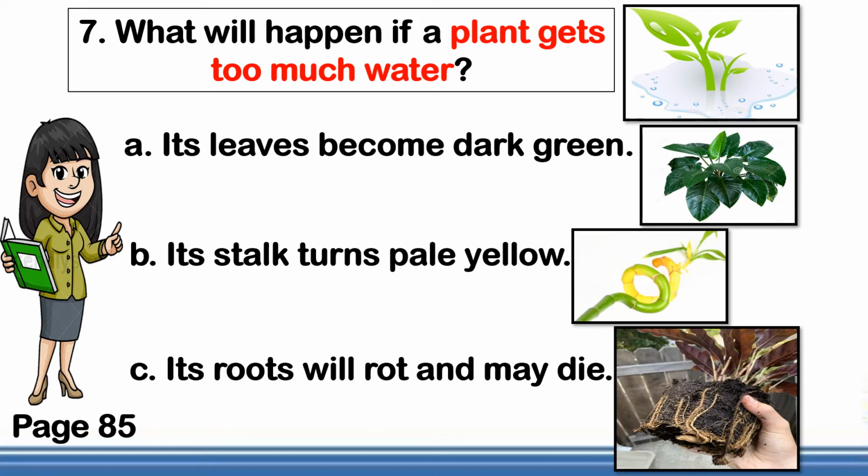More water, what will happen to the plant? Letter A. The leaves become dark green. Letter B. The stalk turns pale yellow. Or letter C. The roots will rot and may die.